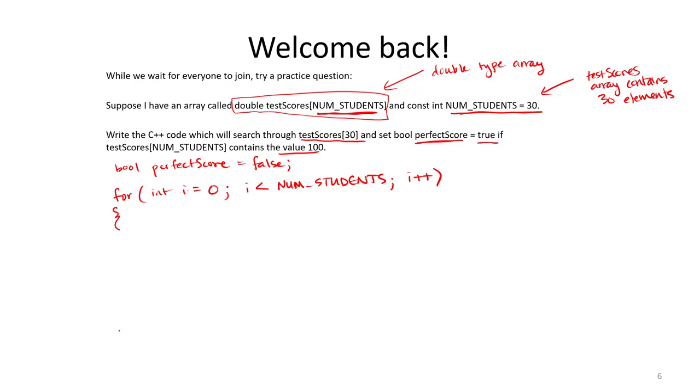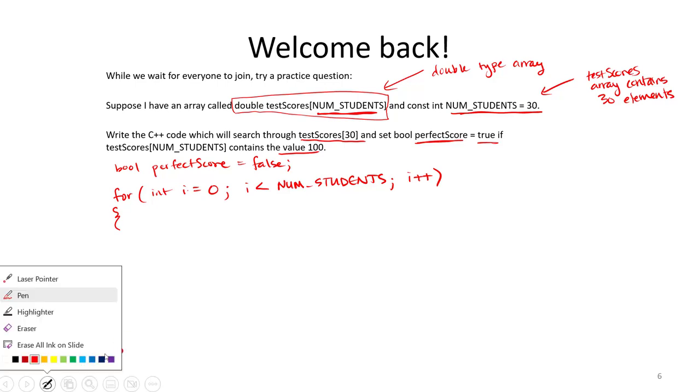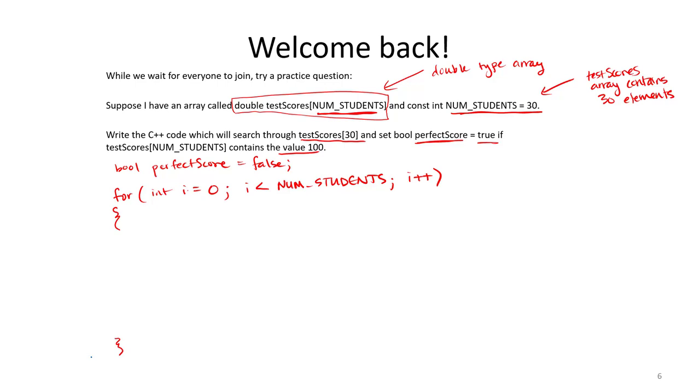Then we can put some curly braces, and we can put our code inside that for loop. So this for loop is going to search through each element, starting with 0 through num students minus 1.